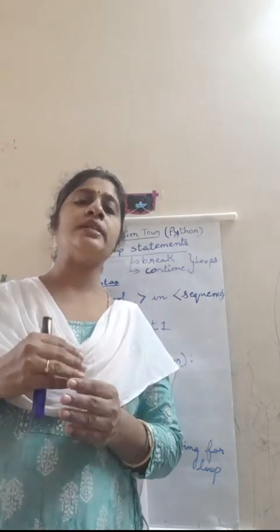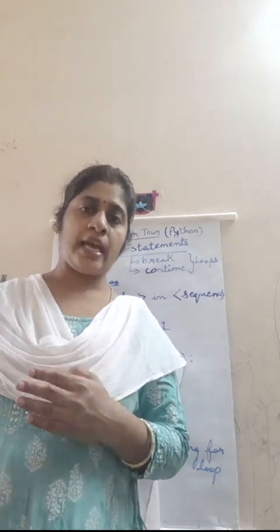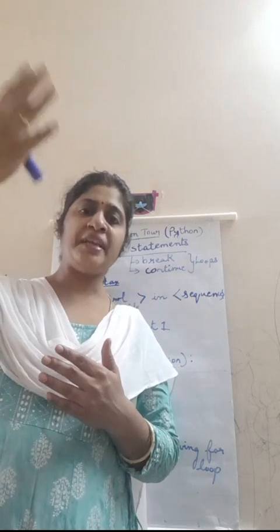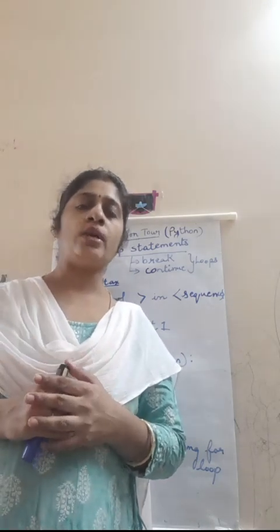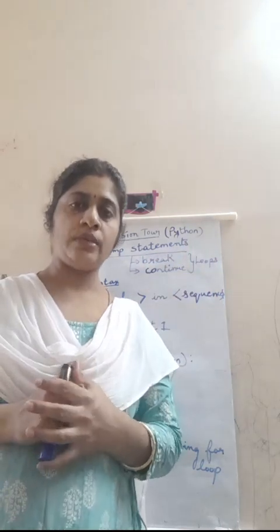That's why it is called jump. Directly they jump either to the end of the loop, that is the statement following the loop, or to the beginning of the loop. That's why they are called jump statements, break and continue.